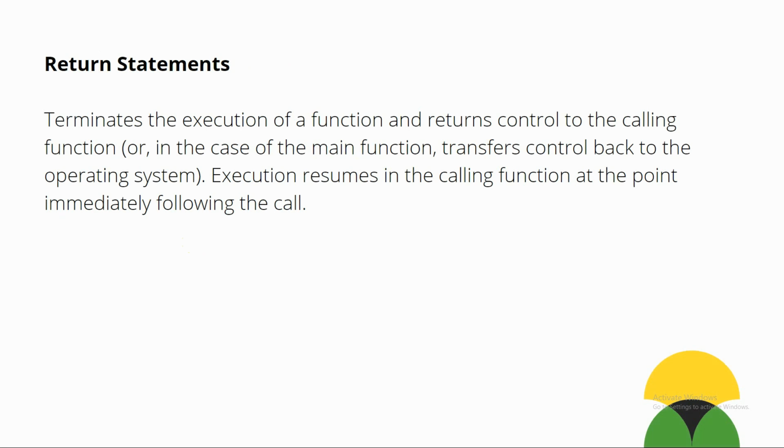This is recognized when you run this program, the one I mentioned earlier for the Hello World output. You need to add the return statement after that main function, so it would again transfer the control back to the OS, and then execution resumes in the calling function at the point immediately following the call.